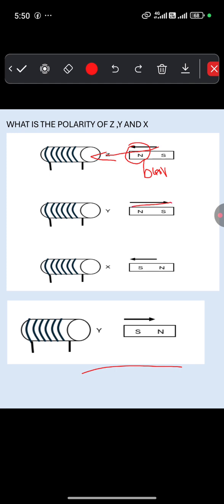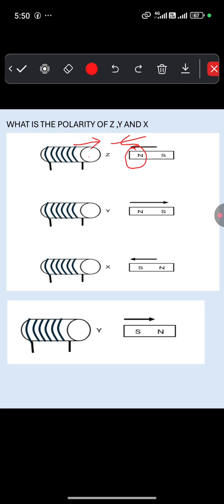Okay, so now we are saying we are putting in the north pole in here. Remember, if I want to put in the north pole, the solenoid will want the magnet to go out. When you push it in, the solenoid wants it to go out.